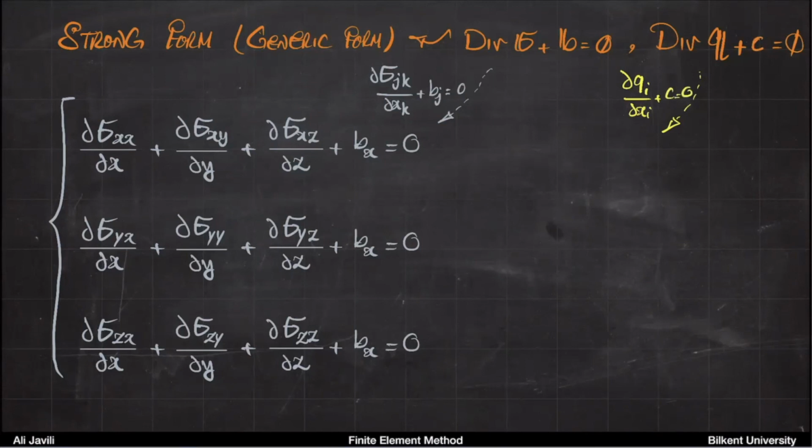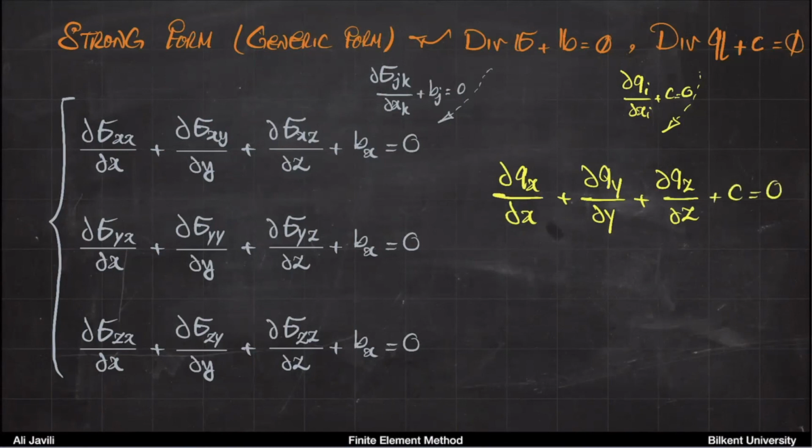And what does that mean for you? That just simply means one equation, it's derivative of Q x with respect to x plus derivative of Q y with respect to y plus derivative of Q z with respect to z is 0. Plus C. All right. So these are, let's say, the strong form or the governing equations in 3D.